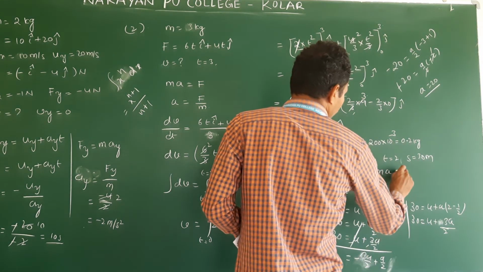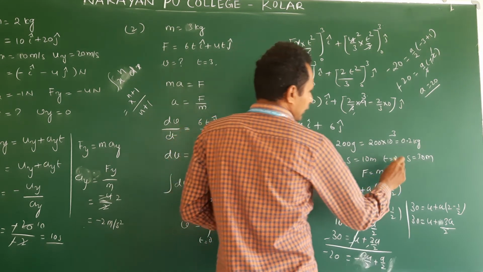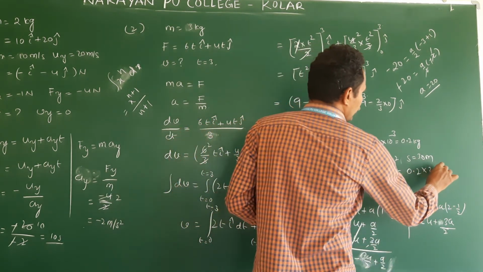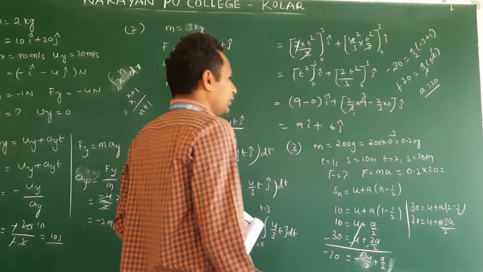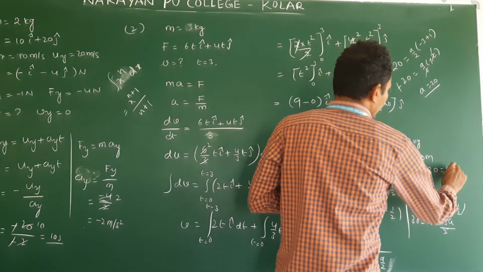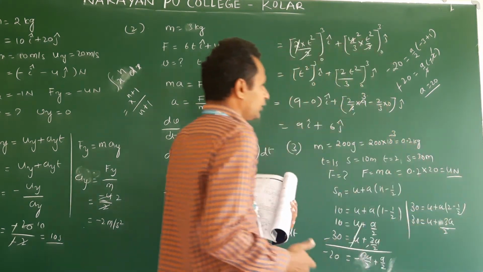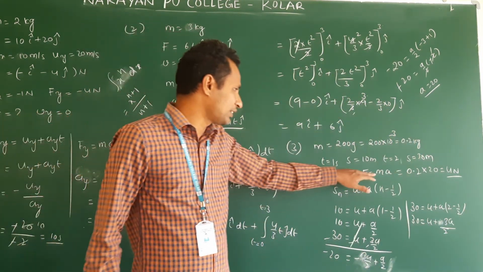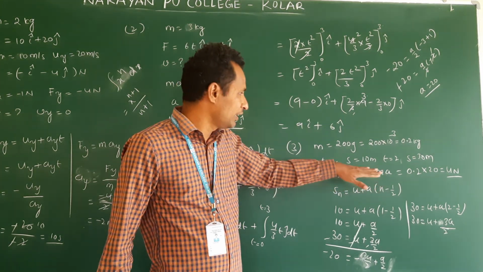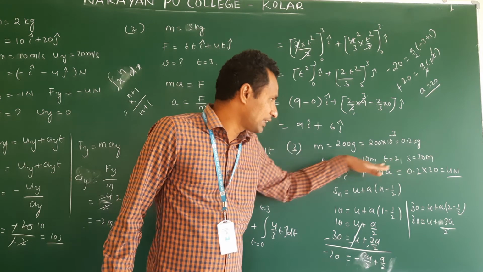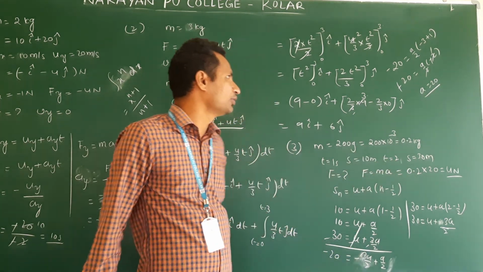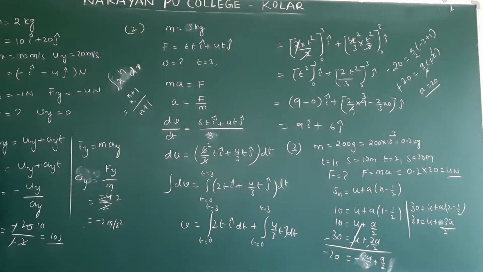Then F = ma. The mass is 0.2, and a is 20. Clear? Then 0.2 times 20 is 4 newtons. Very simple. They ask for the force, mass is given but acceleration is not given. According to this information, from the time and displacement equation we calculated a and substituted it.